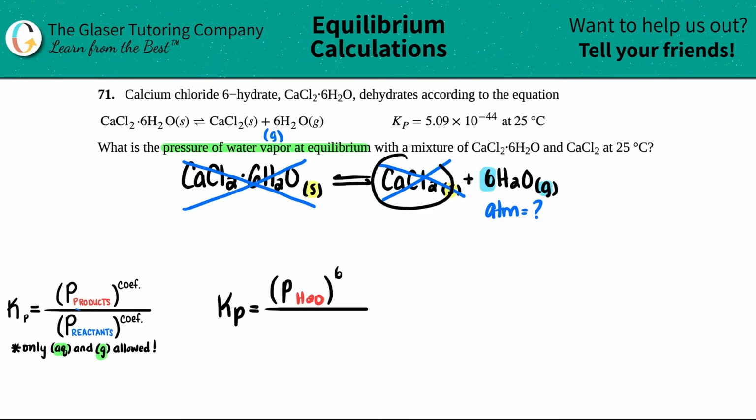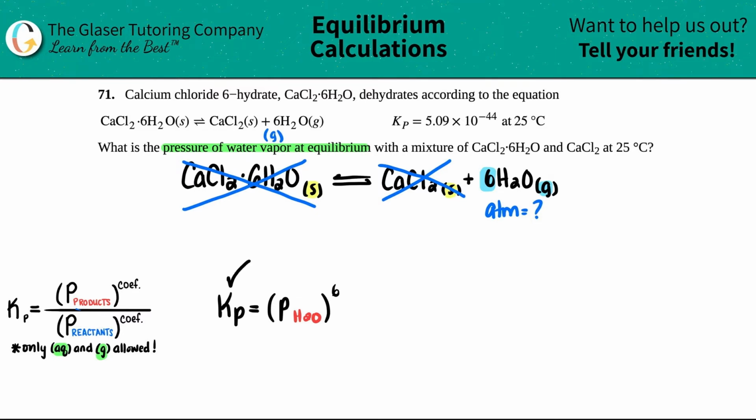Now, I can't take this because that's not a gas or aqueous. And the same thing for the reactant. There are no gases on the reactant side. So what placeholder number am I going to use here? Yeah, the placeholder number is always a 1. Then you can simplify, right? Anything divided by 1 is itself. So I can basically get rid of this and this. And now it's as simple as the Kp is equal to the pressure of H2O raised to the 6th.